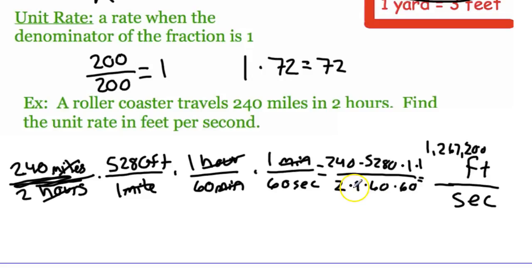And let me do the seconds. We have 2 times 1 is 2. 2 times 60 is 120. Or 120 times 60. What is that? 7,200. Alright, I'm going to write this over here just so it looks a little bit cleaner. I'll draw a little arrow.